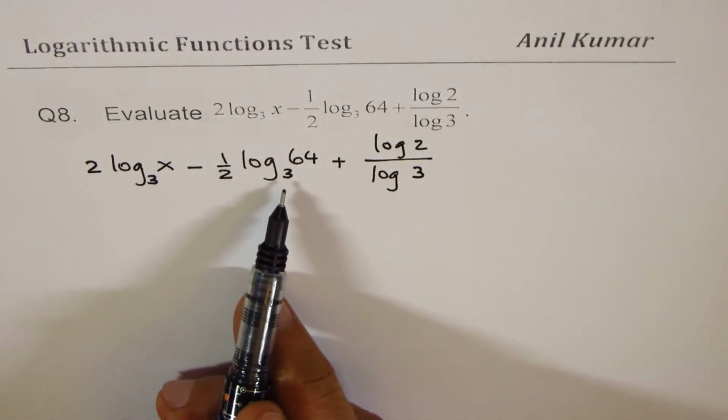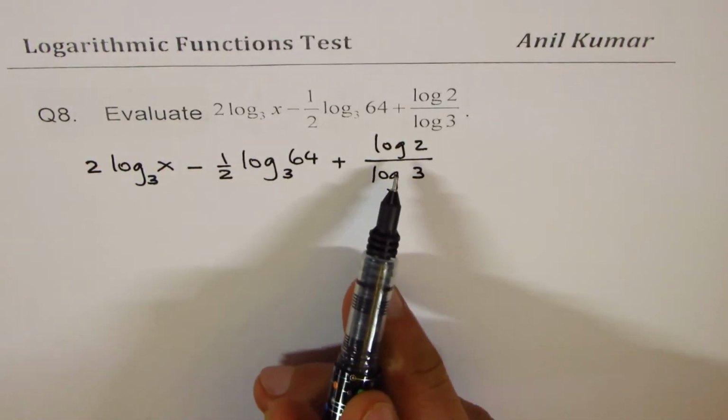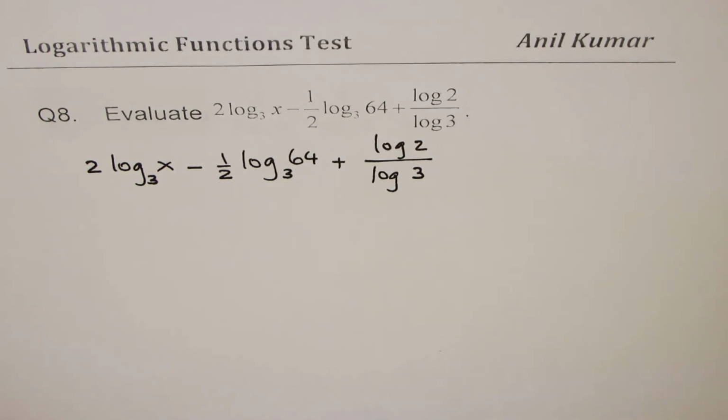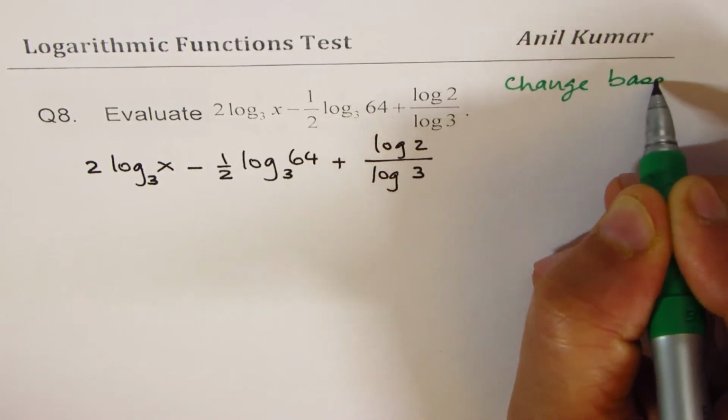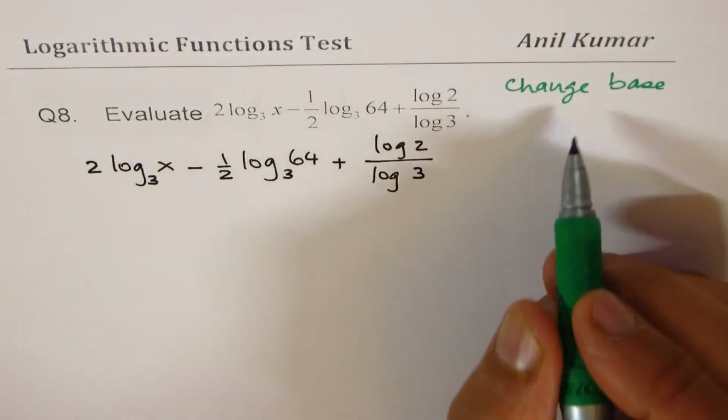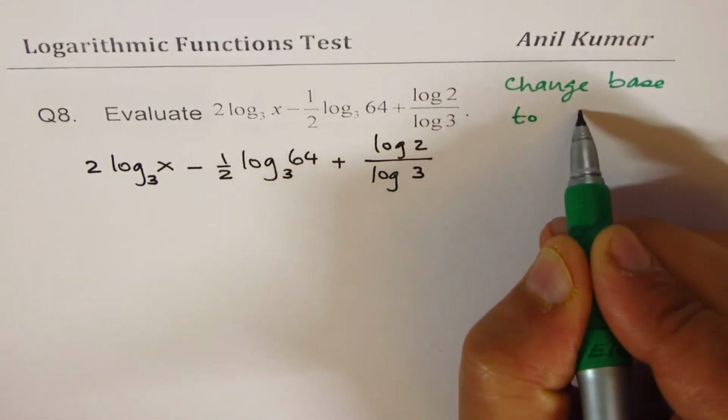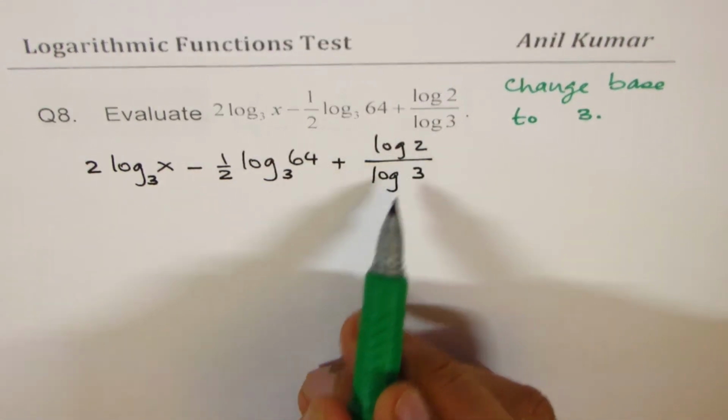Now in this particular case, you clearly see that the bases are different, right? So we have to apply change of base formula. And you should change the base to 3. So change base to 3 for log of 2 and log of 3.